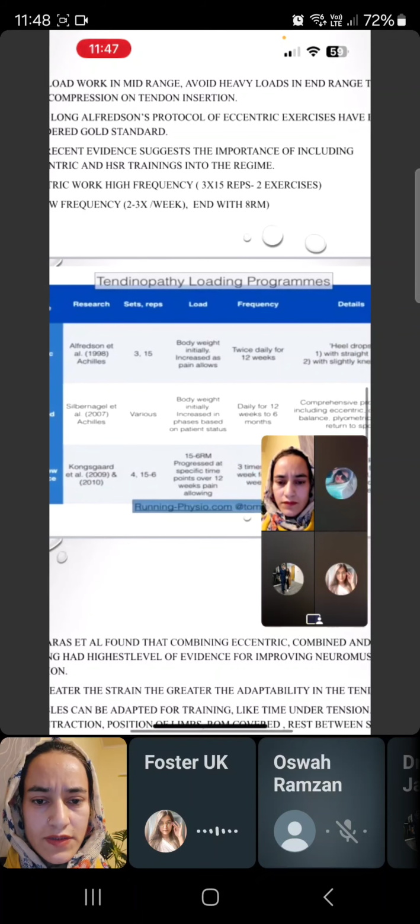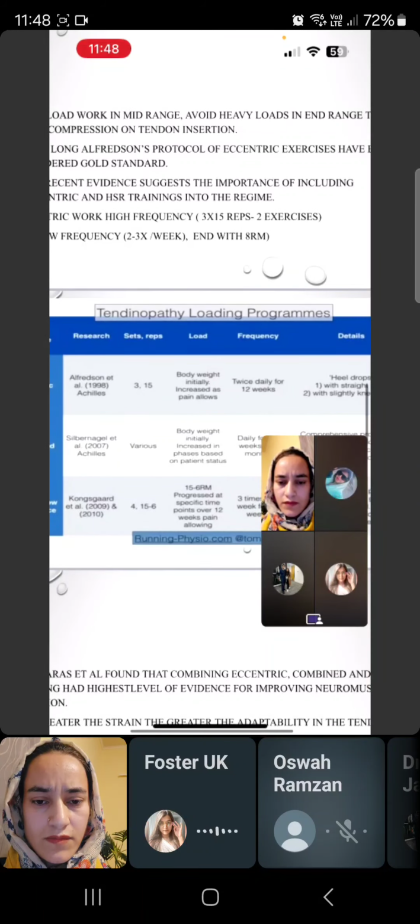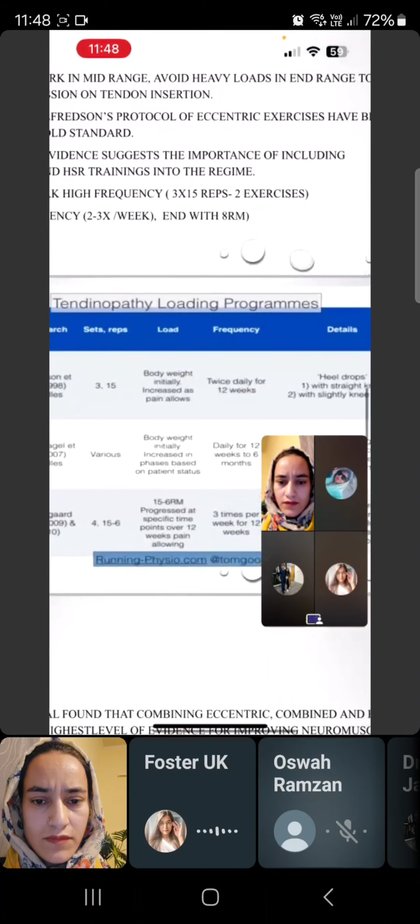Frequency was twice daily. As I said, eccentric work is higher in frequency. That was twice daily for 12 weeks of rehab.